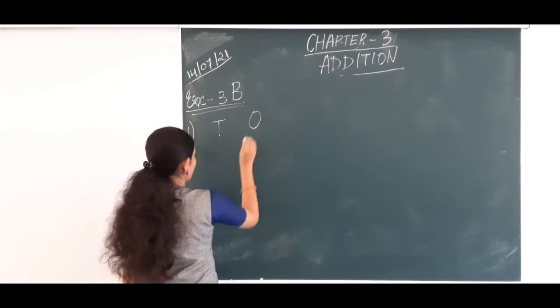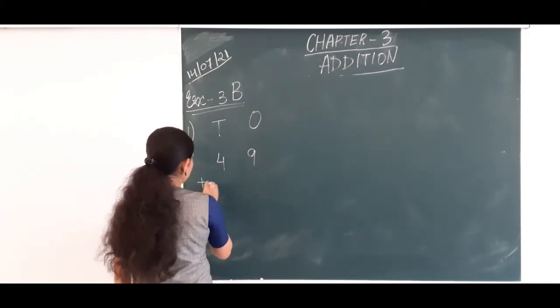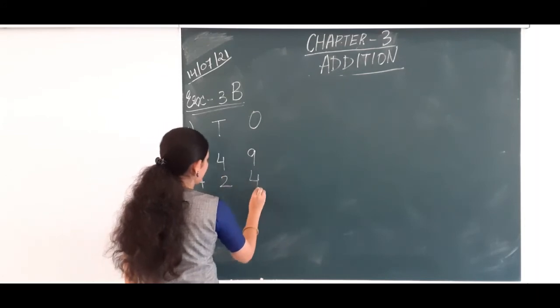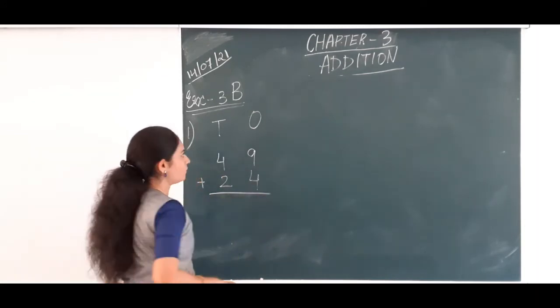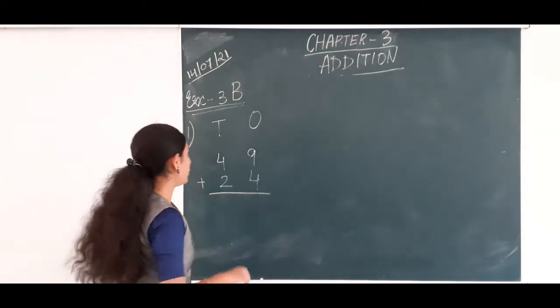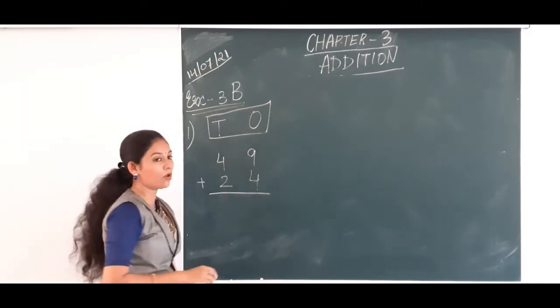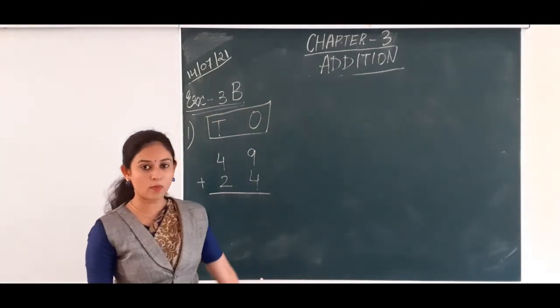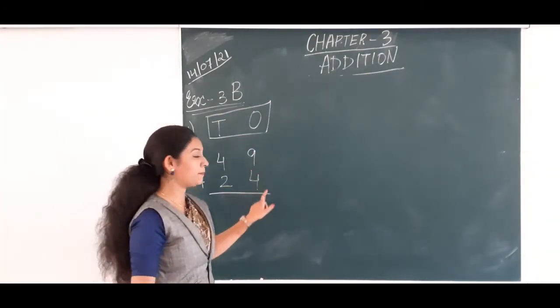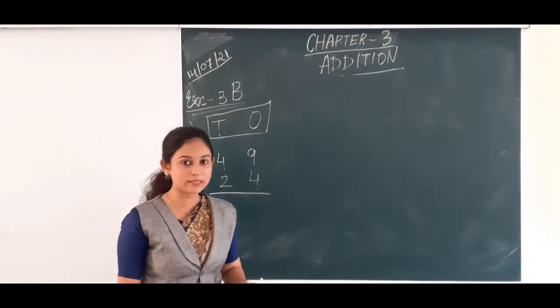Tens, ones. 49 plus 24. We always start with the ones column. 9 plus 4. Now how will we count this?